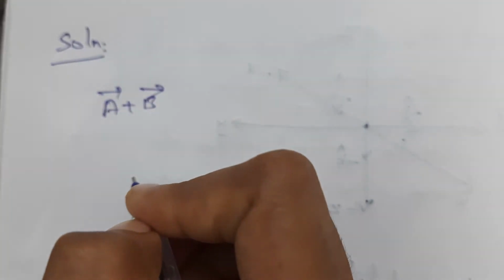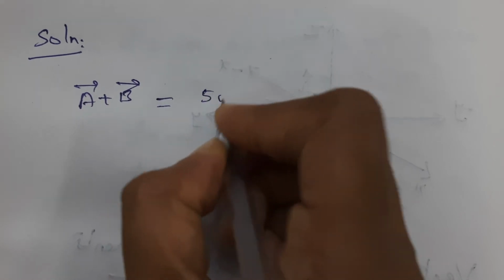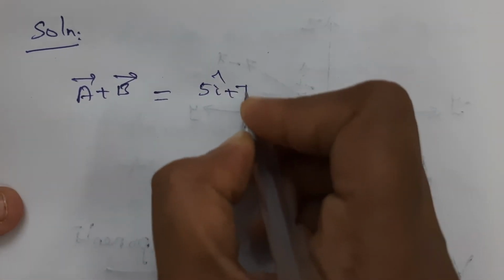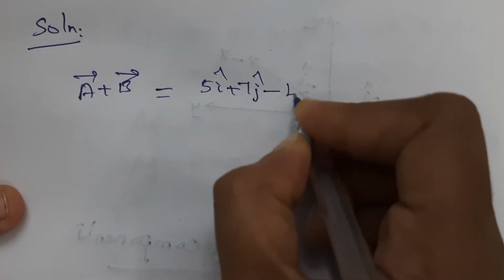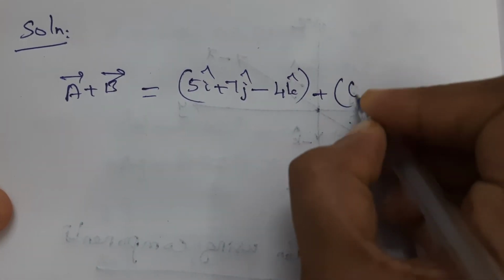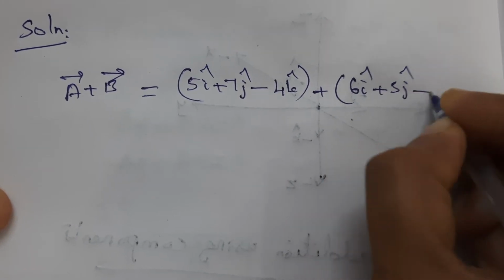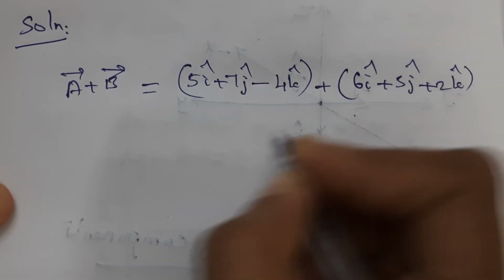A vector plus b vector equals 5i cap plus 7j cap minus 4k cap plus 6i cap plus 3j cap plus 2k cap.